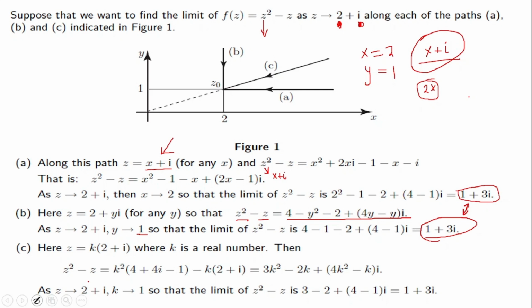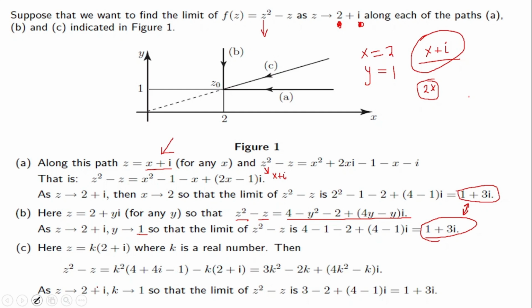Now the same thing to this part. It was 2 plus I. Now this one is either reducing or increasing by a factor k, where k is a real number. So you put the factor k there. Now when you put the factor k, you also do the same thing. You put k into 2 plus I here, k into 2 plus I here, and you open and open and open until you get everything in terms of k.